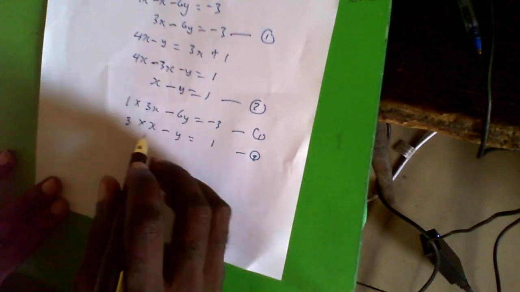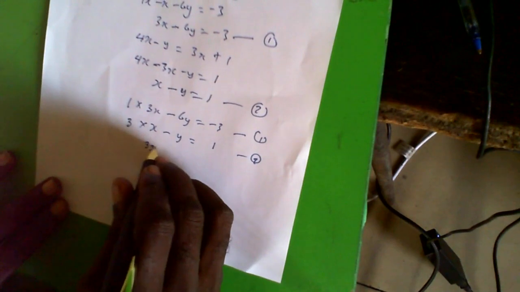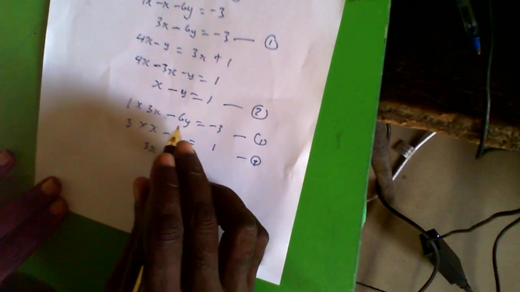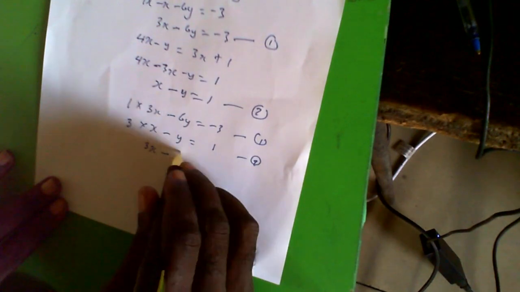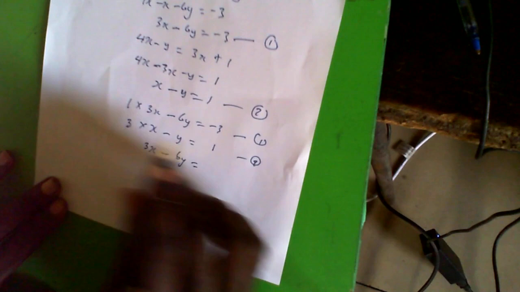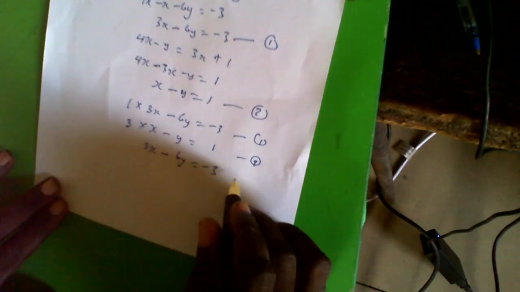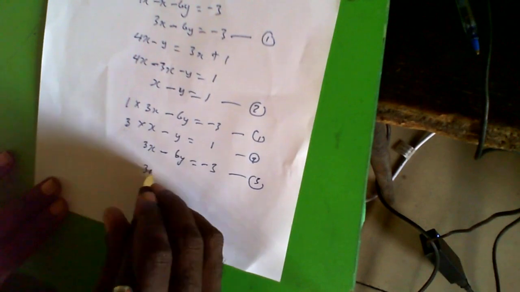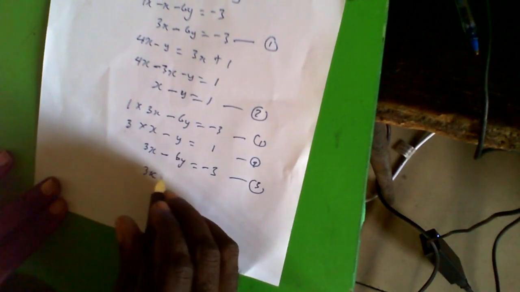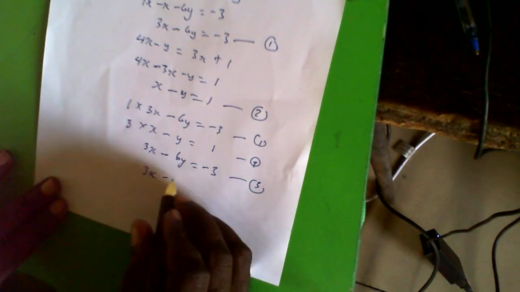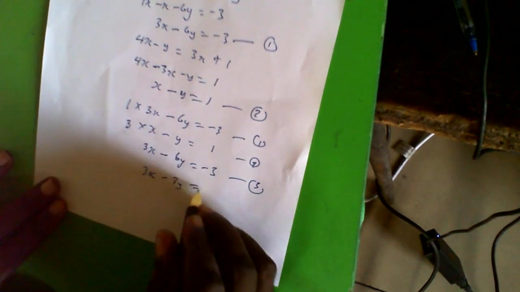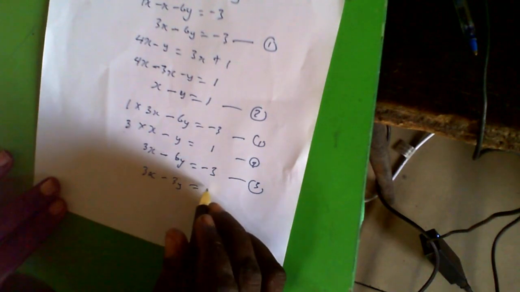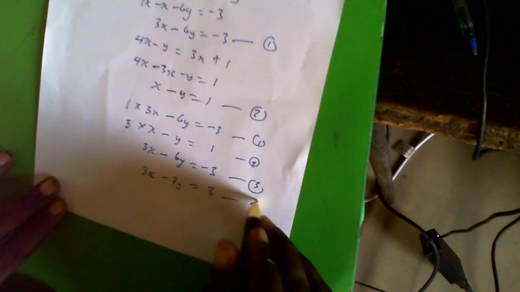So 1 times 3x is 3x, 1 times minus 6y gives minus 6y, 1 times 3 is 3. So this becomes equation 3. Next, 3 times x is 3x, 3 times minus y is minus 3y, and 3 times 1 is 3. So this becomes equation 4.